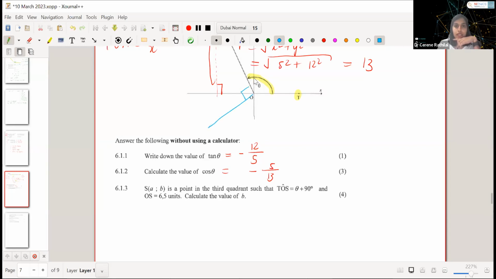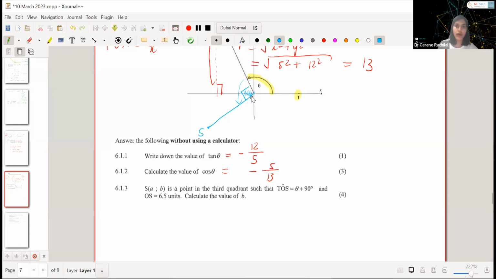So theta plus 90. So here's theta. And then if I carry on going, it's 90 degrees, which I shaded in there. Okay, so the angle between T, the origin, and S, which is now my point in here, is given by theta plus 90. So I think you all agree that this diagram is correct.